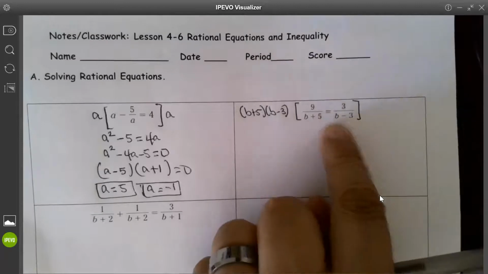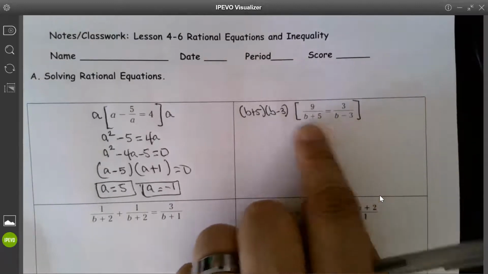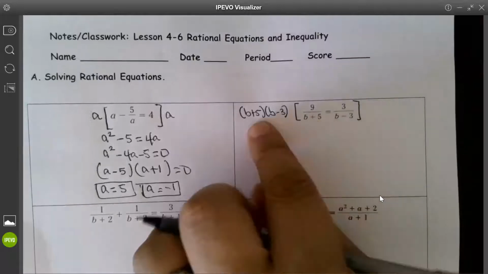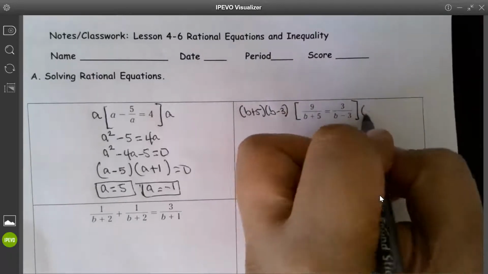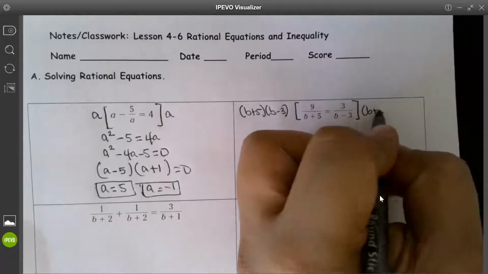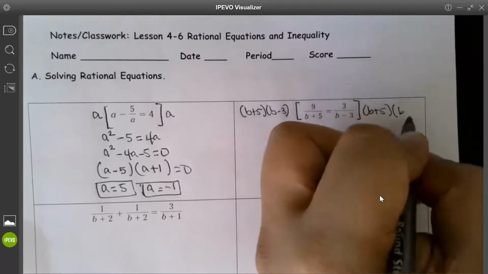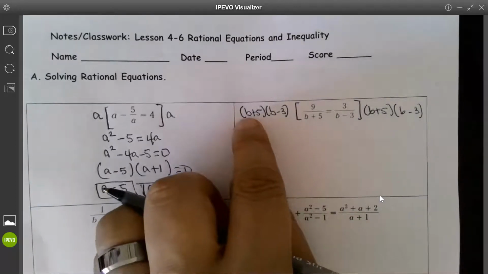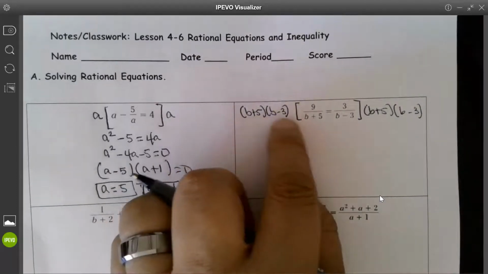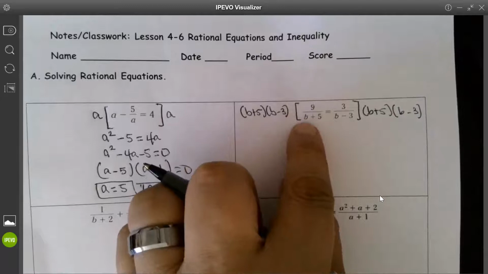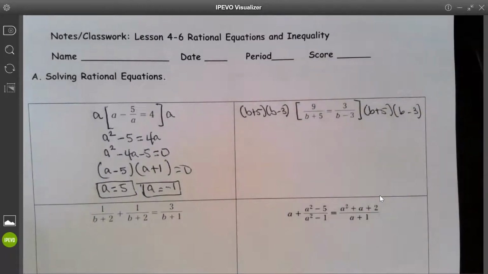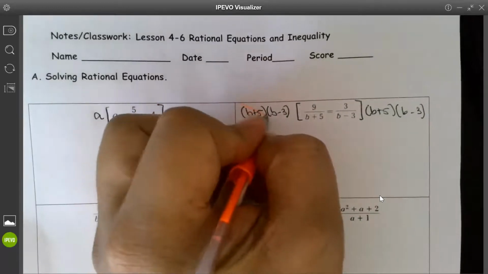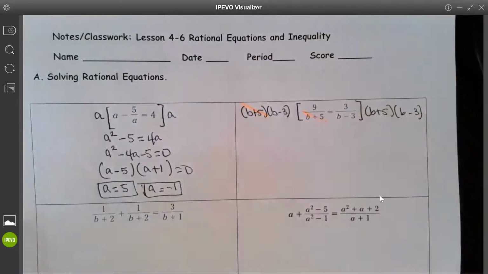Then you're going to multiply the left side and the right side also by (B plus 5) and (B minus 3). So (B plus 5)(B minus 3) times 9 divided by this one. Don't be confused: B plus 5 and B plus 5 will cancel out.